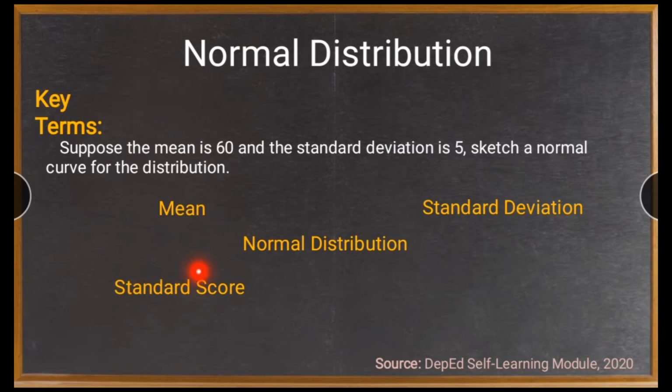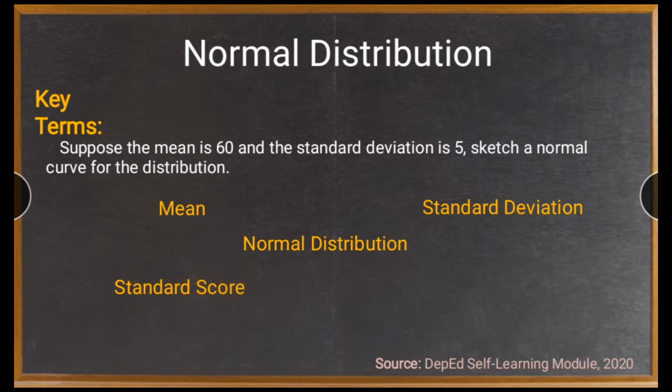For a sample, the sample mean X bar, the raw score X, and the standard deviation S, the formula is X minus X bar over S. For a population, mu for the mean, capital X for the raw score, and sigma for the standard deviation, the formula is X minus mu over sigma.